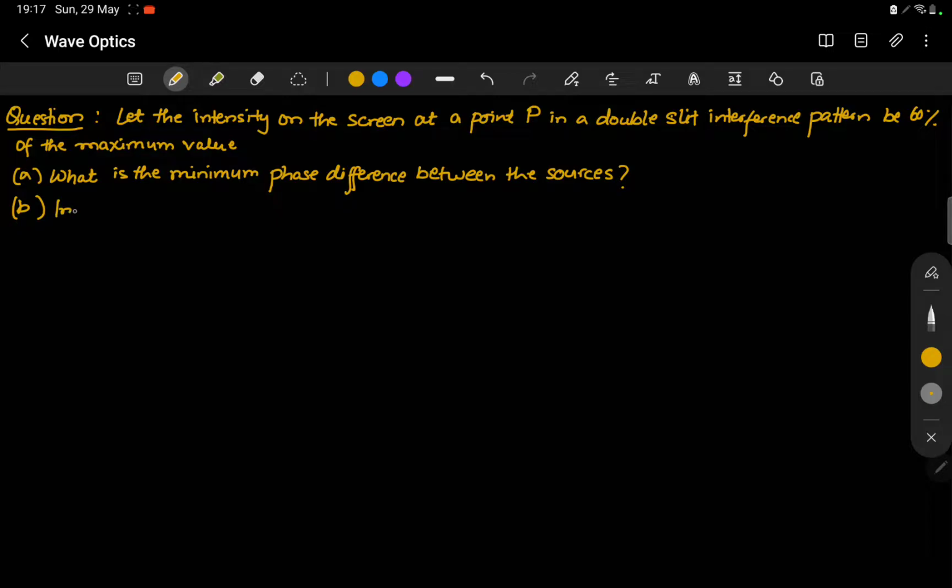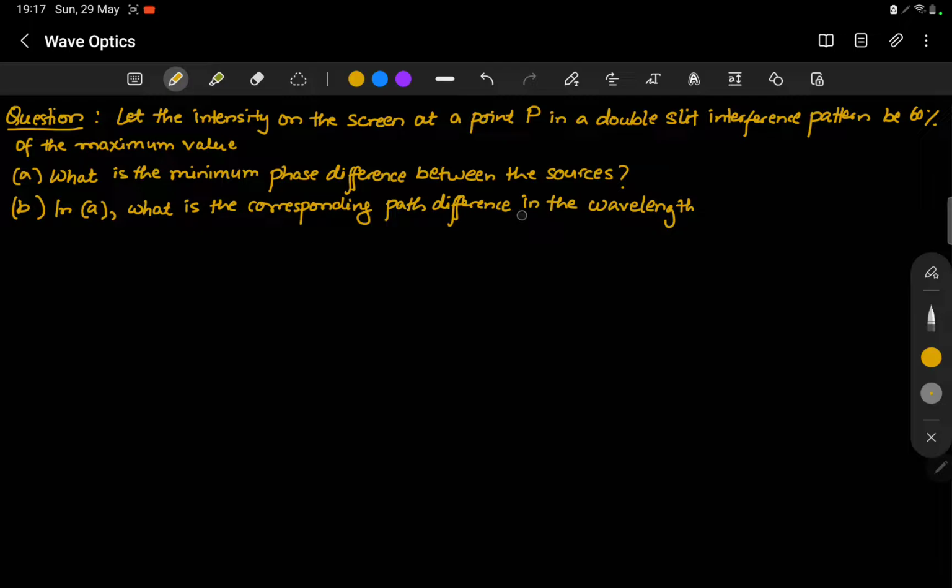In part B, what is the corresponding path difference in the wavelength, if the wavelength of light is 500 nanometers.